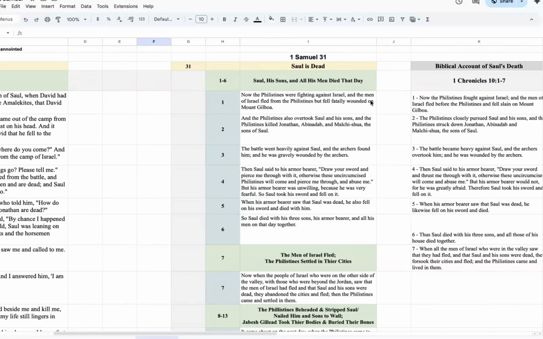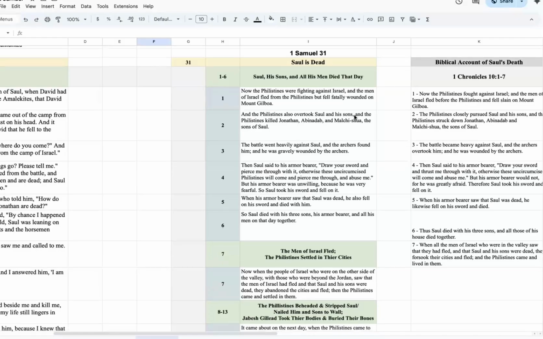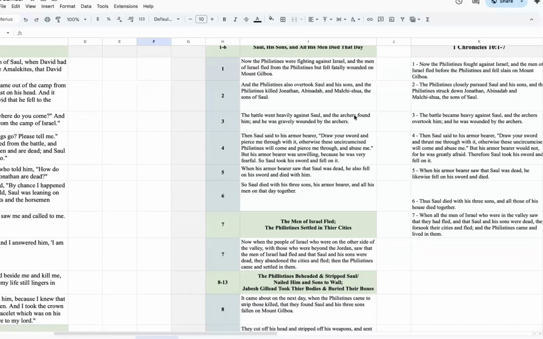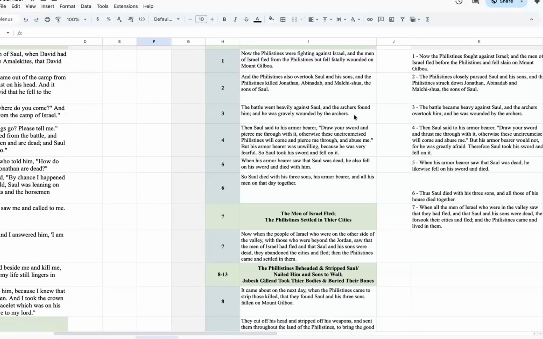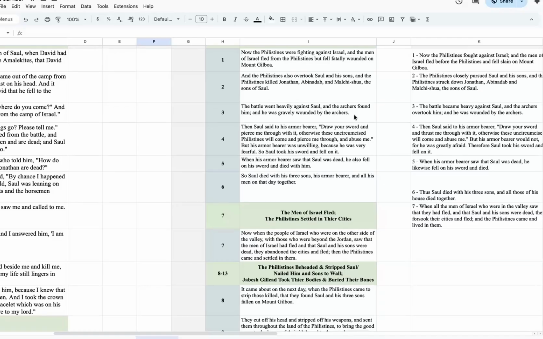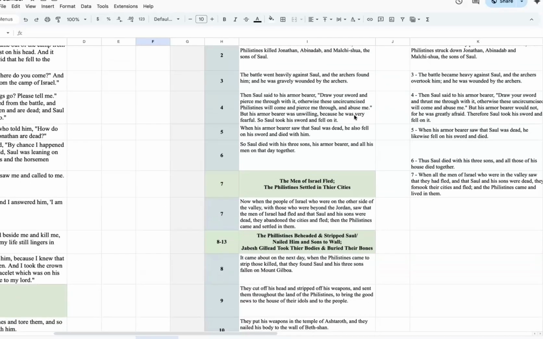But just going back into 1 Samuel 31, it says, "Now the Philistines were fighting against Israel, and the men of Israel fled from the Philistines, but fell fatally wounded on Mount Gilboa. And the Philistines also overtook Saul and his sons, and the Philistines killed Jonathan, Abinadab, and Malchishua, the sons of Saul. The battle went heavily against Saul, and the archers found him, and he was gravely wounded by the archers.